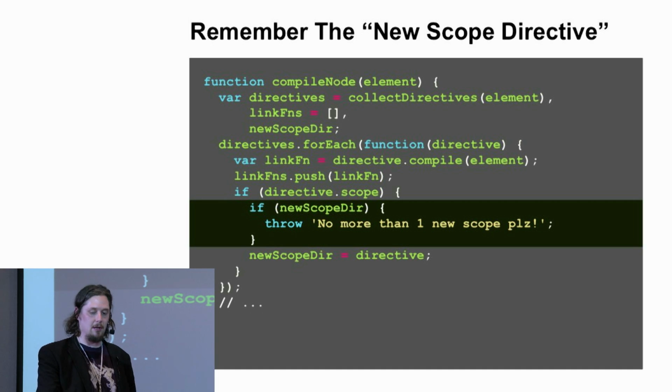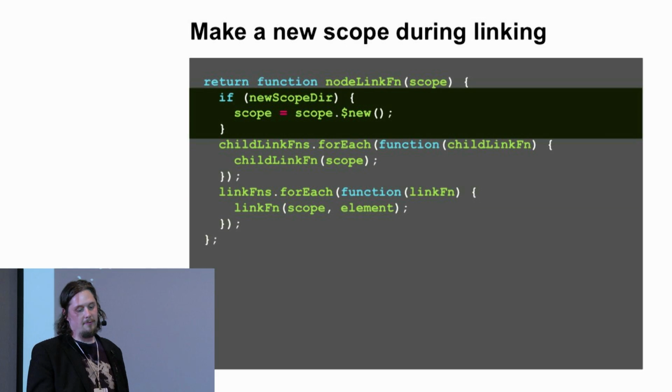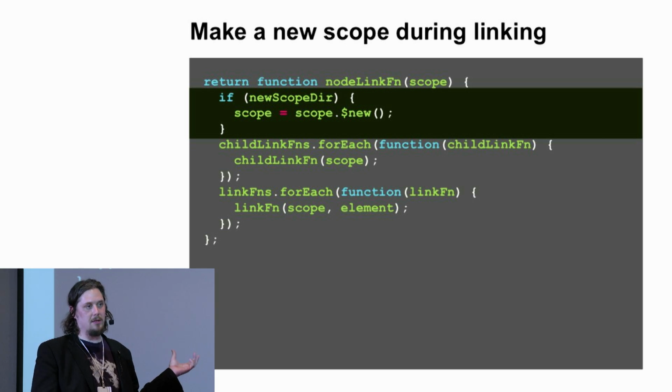And you have probably seen such an exception if you've used directives much. But what we have at the end of the compilation now is this variable where we have a directive that asks for a new scope, if there was one on this element. And we can use that information when we get to the linking, to the node link function. Then we just check, is there something in this variable?